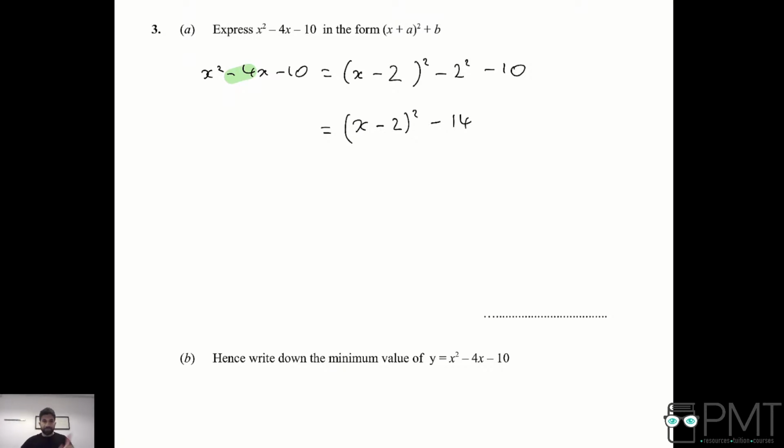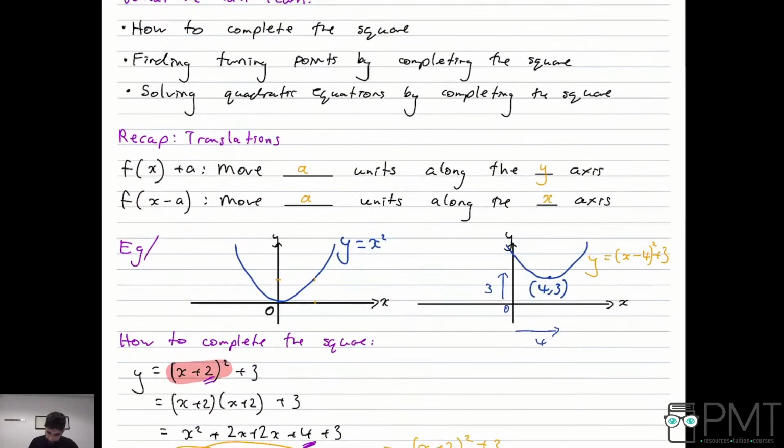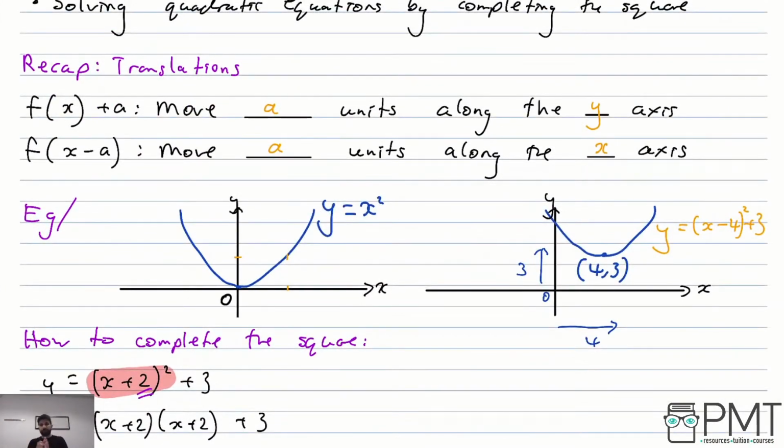When we were doing the recap, if we go back to that section, we said that for a translation, if you add something or take away something from x, it affects the x-axis. It's a movement to right or left. And if you add to the whole function, it's along the y-axis going up or down.